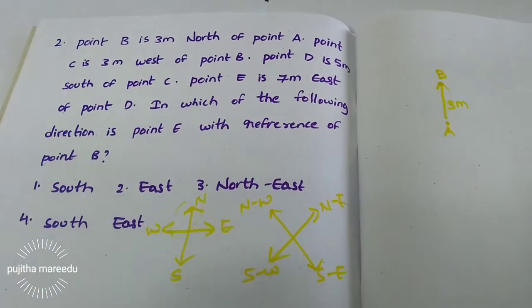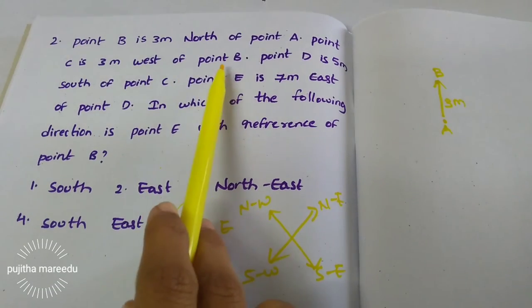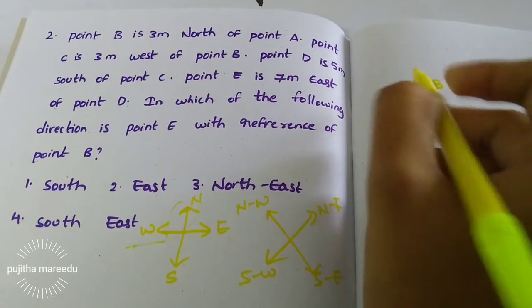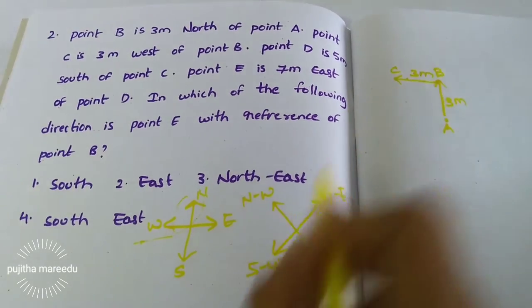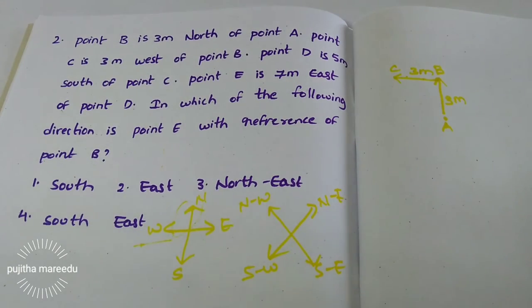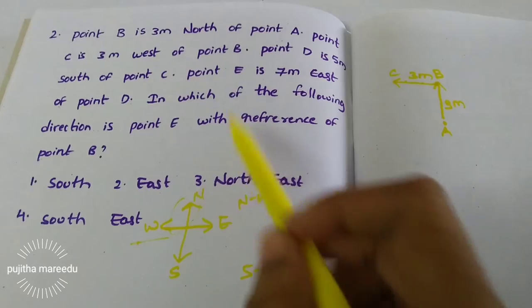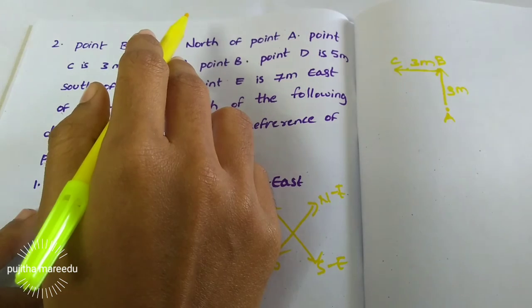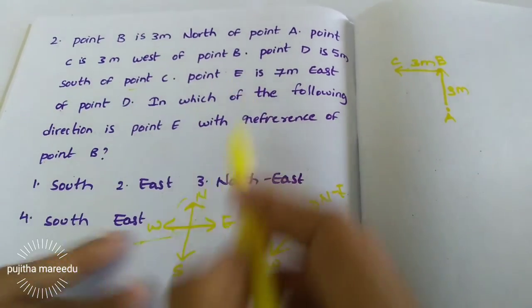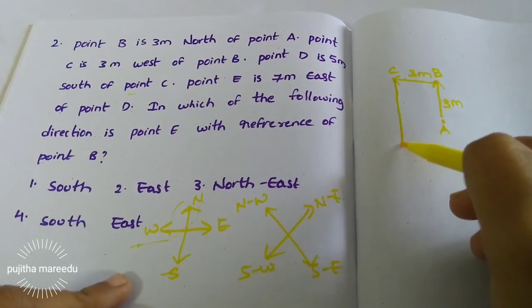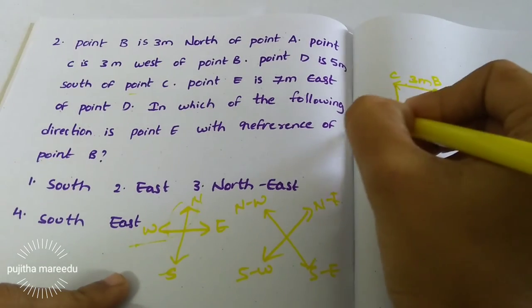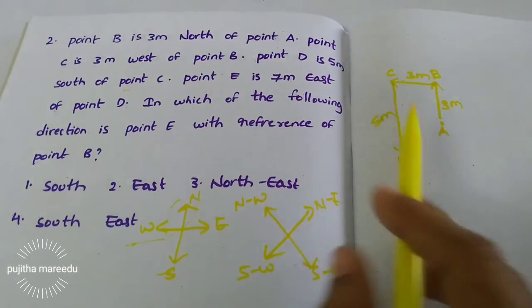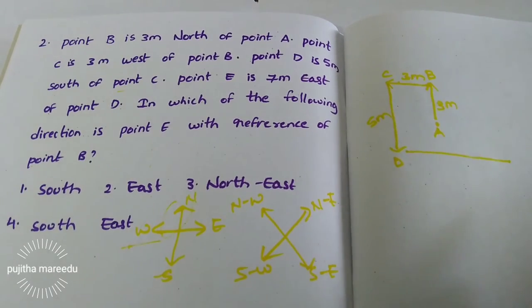And then point C is 3 meters west of point B. Point D is 5 meters south of point C. And then point E is 7 meters east of point D.